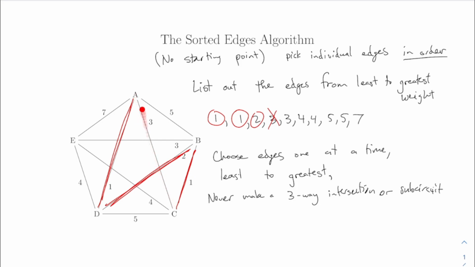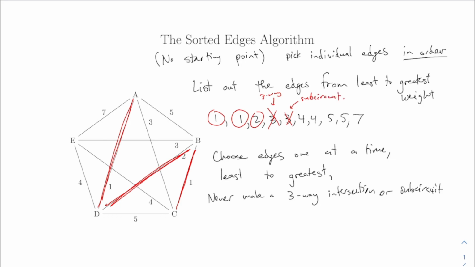I say no. Actually, this makes what I have so far into a circuit, but I didn't get to E yet. So this makes a sub-circuit, and that is illegal. You are not allowed to make a circuit until you've actually gotten to every vertex. So this 3 is also illegal. The first one was because of a three-way. The other one was because of a sub-circuit.